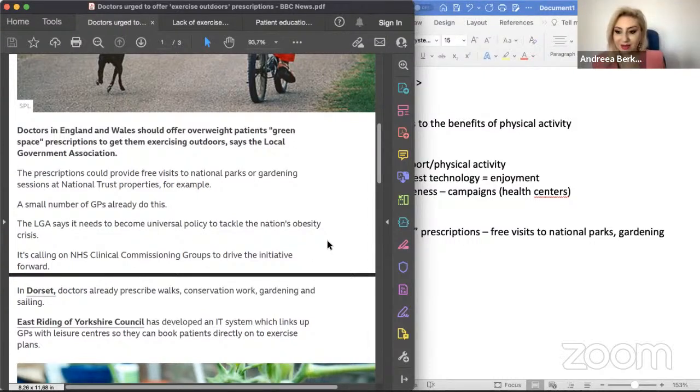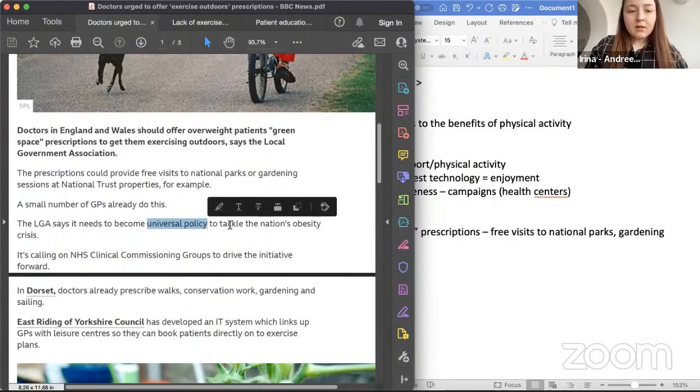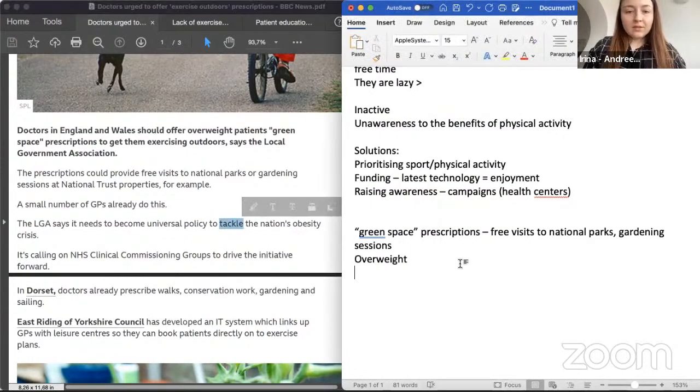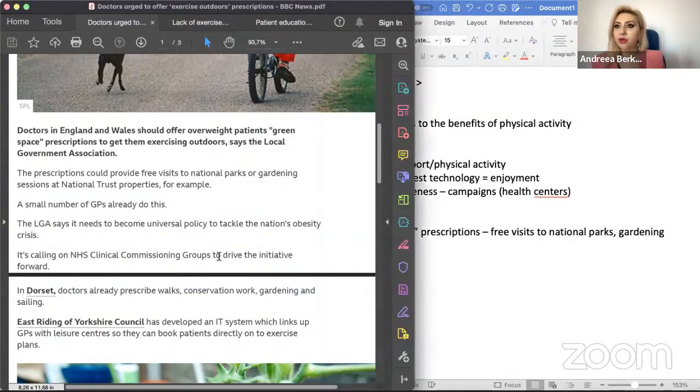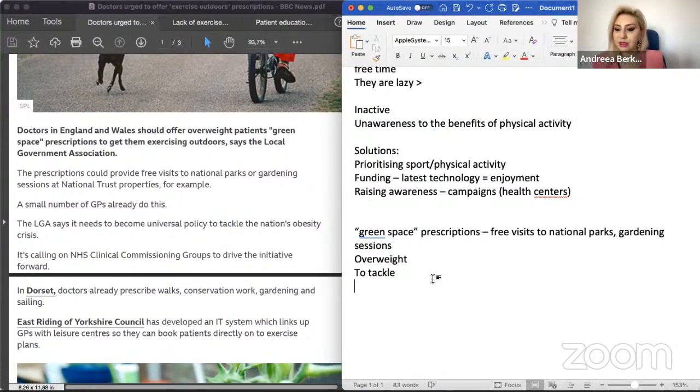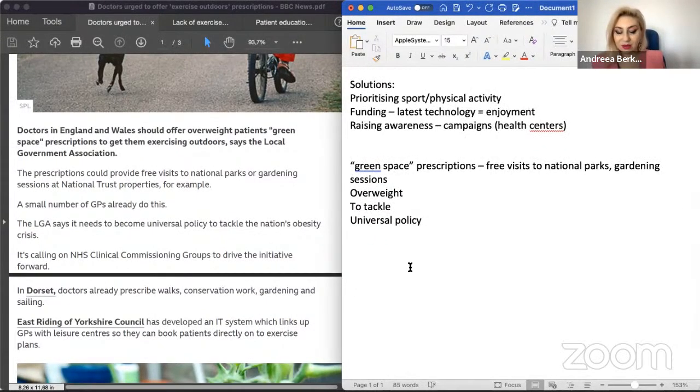Of course, this is focused on obesity, but it is pretty nice to use. Universal policy, tackle, these are nice words. To drive the initiative forward, though generally we try to avoid phrasal verbs in academic writing, sounds good and usable.